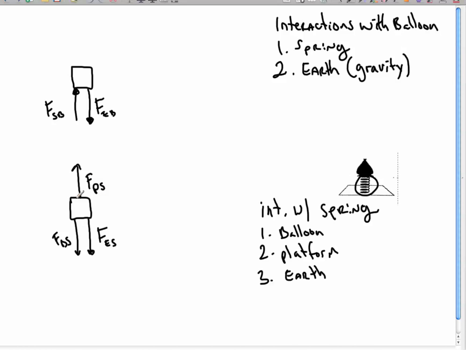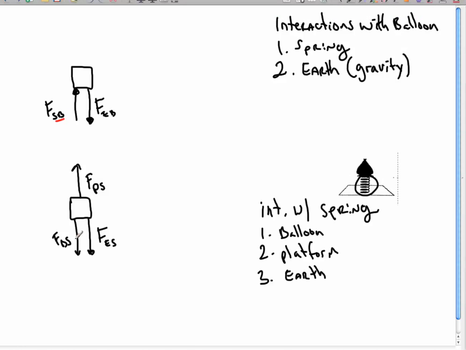Now again, we have no idea about the relative size of these because these are three separate interactions. Platform on spring, earth on spring, and balloon on spring. Three separate interactions. However, if we look up here, we can see that we have the same interaction in this diagram as this. It's right here.